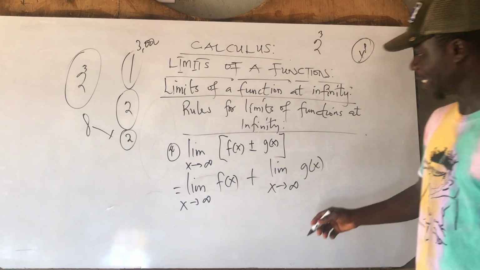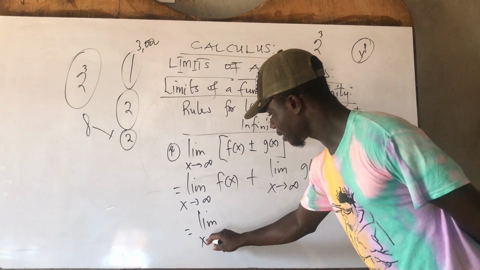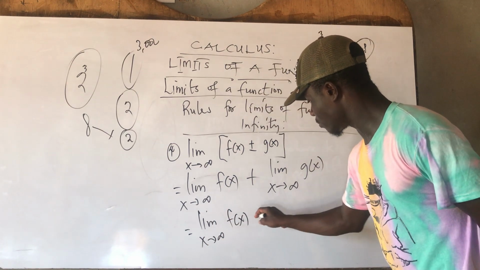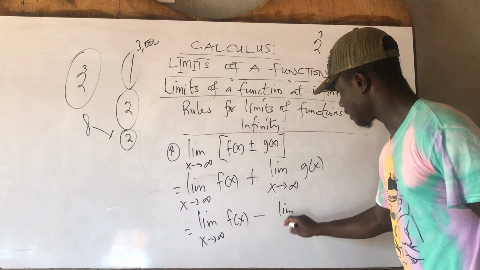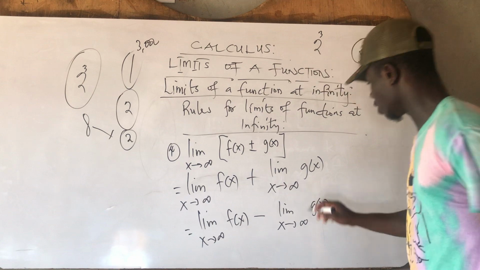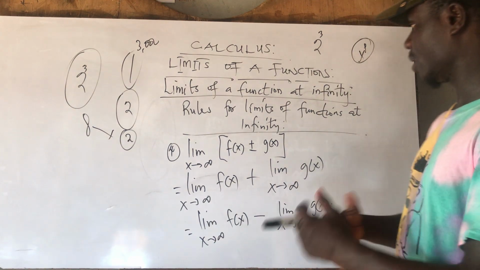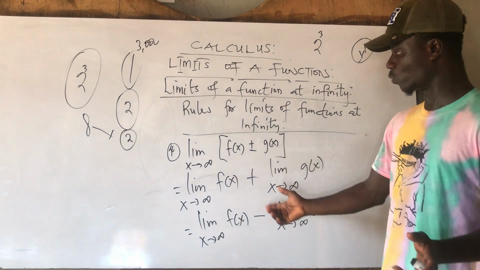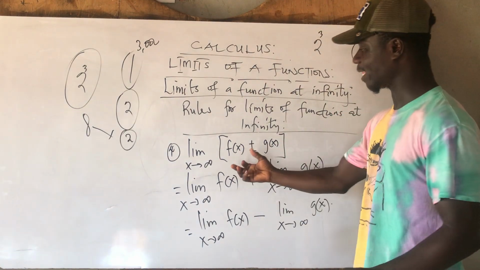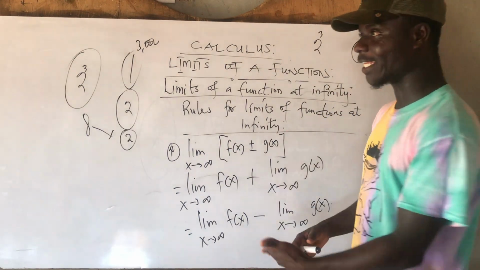So let's see the negative aspect. It's the limit as x approaches infinity of f of x minus the limit as x approaches infinity of g of x. So that's how it goes. When you get two functions and they tell you to take the limit as x approaches infinity, you have to take it one after the other.